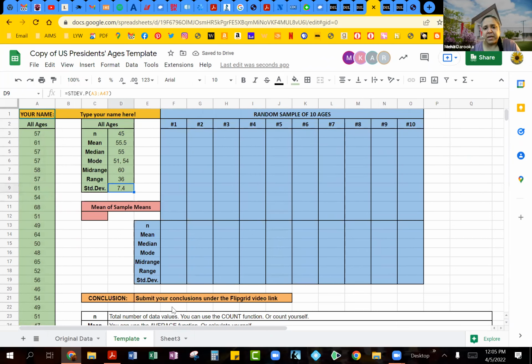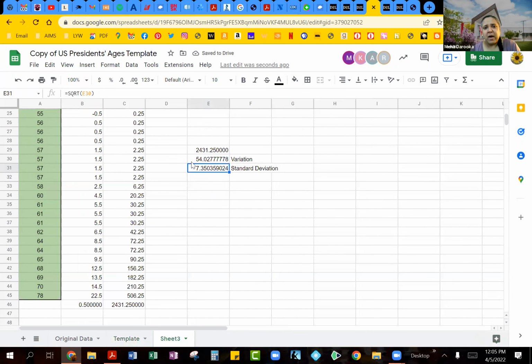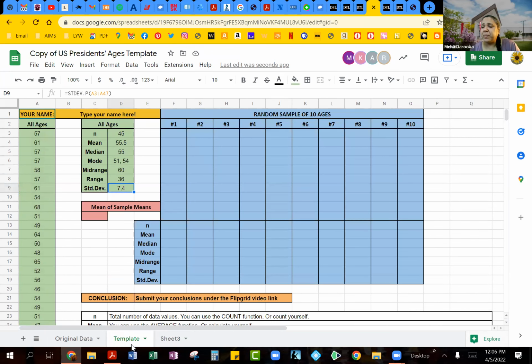And you can see this is coming out to be 7.4. If I round this to 1 decimal place, that also comes out to be 7.4. So again, your built-in functions do the formulas that are given to you in your textbook or your handout, whatever it is. As you can see, these calculations work out.